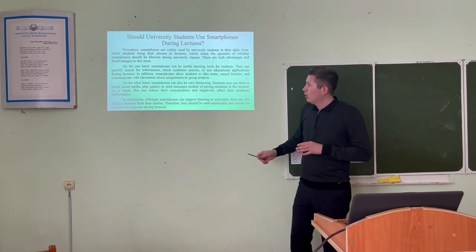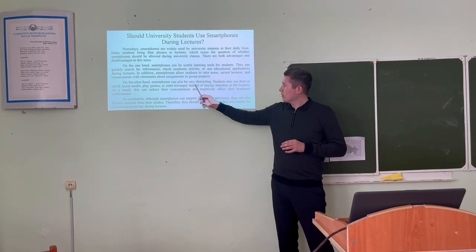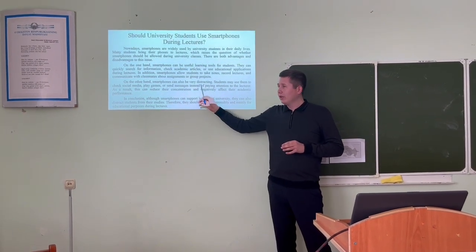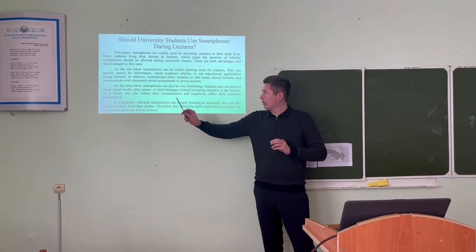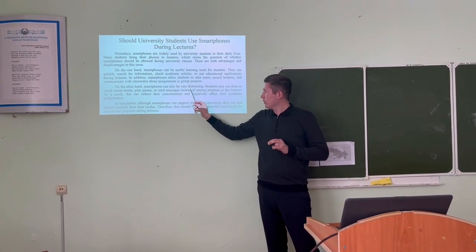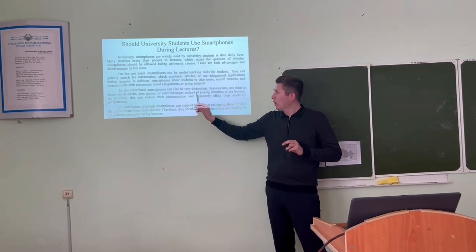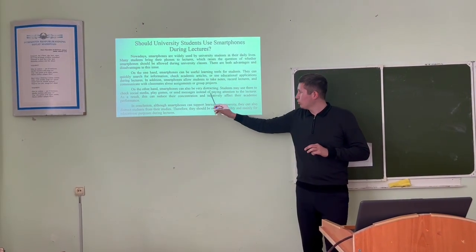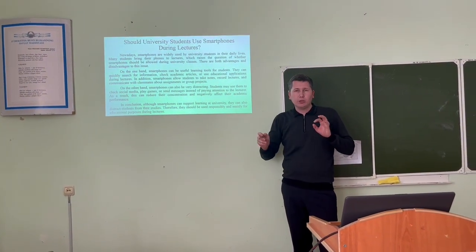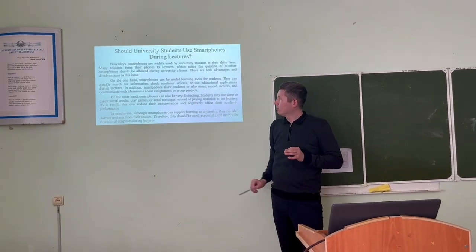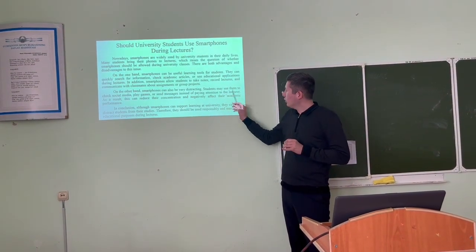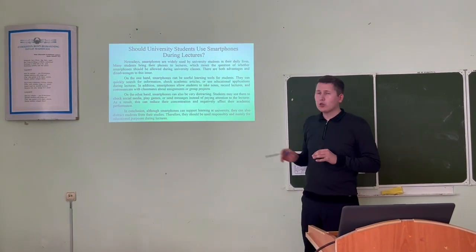And now, on the other hand, smartphones can also be very distracting. The author is mentioning that smartphones can be distracting, so the author should give some examples or clarify why we say this is distracting. Students may use them to check social media.